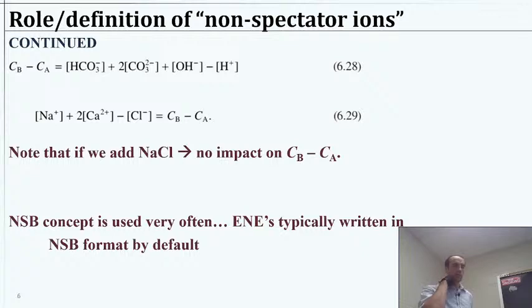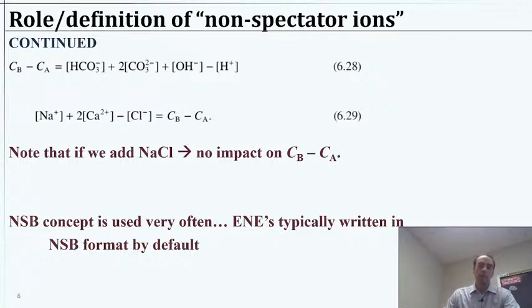So bringing this just a little further, one thing to see is that if we were to add sodium chloride, which seems like we're going to throw everything off, in this case, neither the sodium nor the chloride have any impact on H+. They're both spectators. And so they're not actually going to change the Cb minus Ca calculation because that calculation would have the Na plus minus the Cl minus.